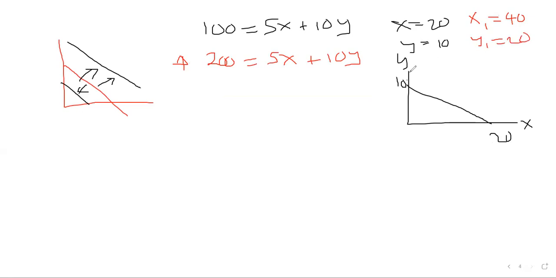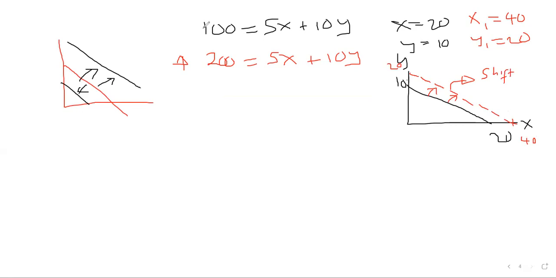So you can see the line is moving from X 20 to X 40, and from Y 10 to Y 20. This is called a shift. So this has caused a shift outwards.